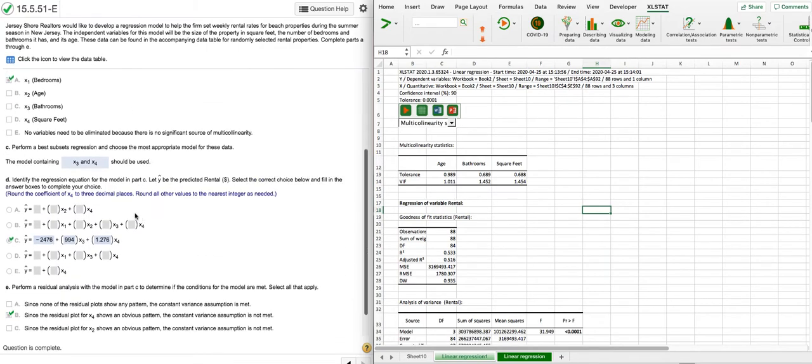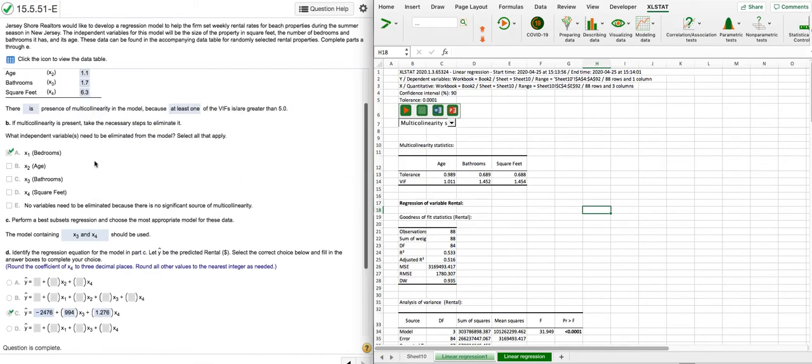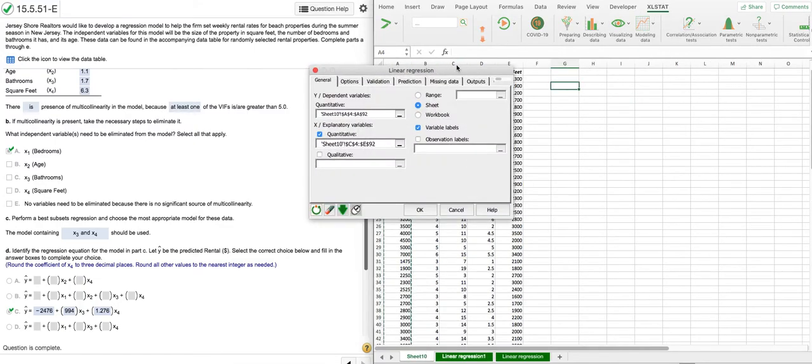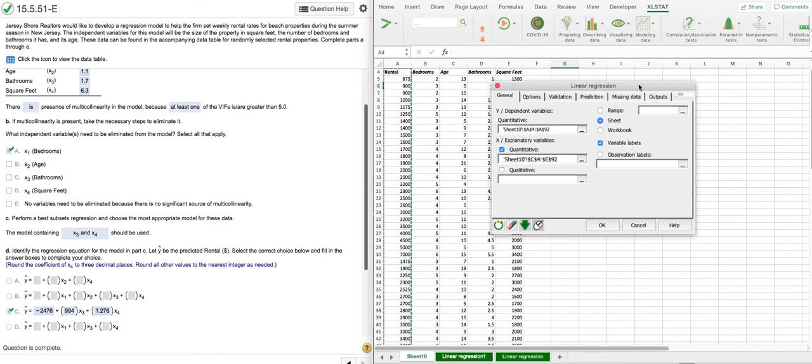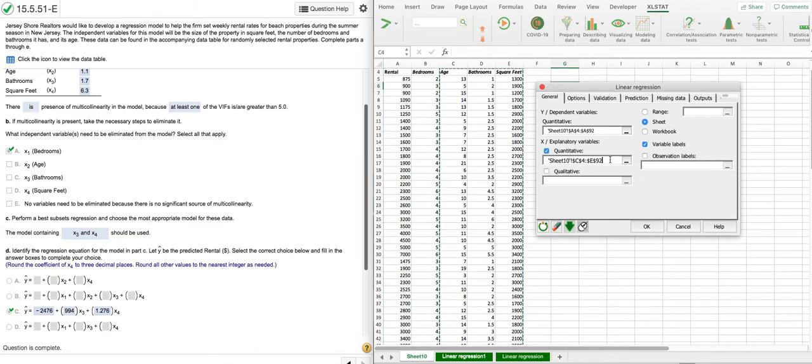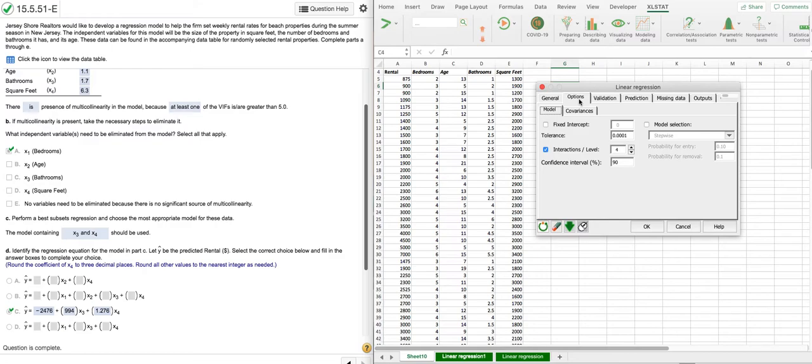Part C does want us to perform a best subsets regression. So let's take a look at best subsets. Just going to go back into the box here. And we've already set the independent variables to remove bedrooms, so nothing that we need to really change there. This is going to include age, bathrooms, and square feet. And we are going to select the model type, in Excel Stat it's called a best model.